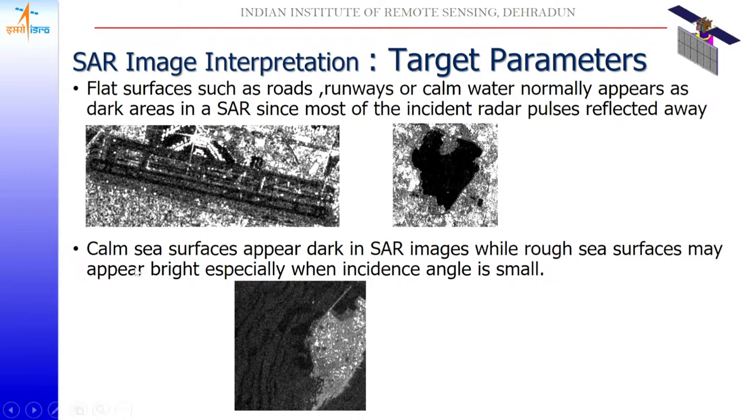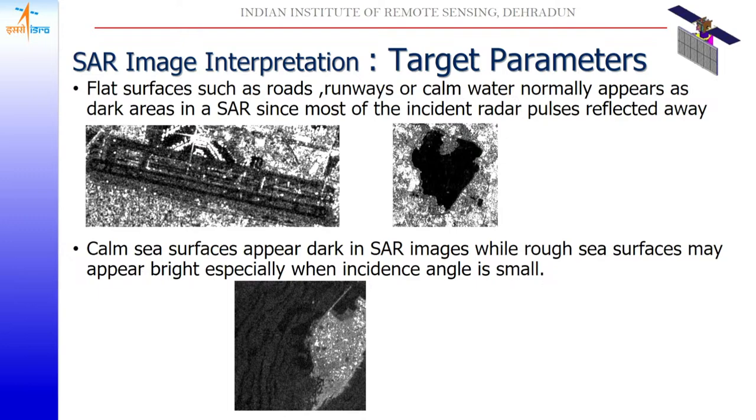Calm sea surface appears darker in a SAR image, while rough sea surfaces may appear bright, especially when the incidence angle is small. Normally the sea surface appears dark in SAR images, but once wind is present, there will be some waves in the ocean, so it becomes a rough sea surface.